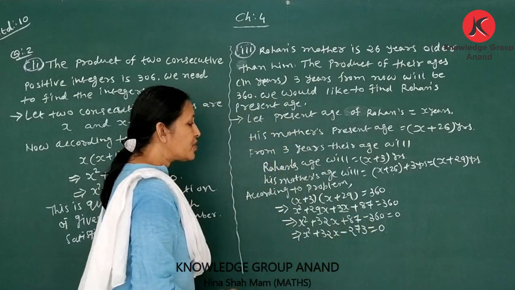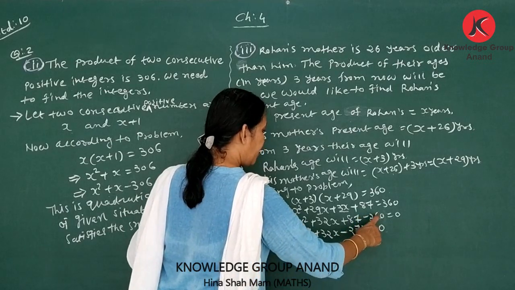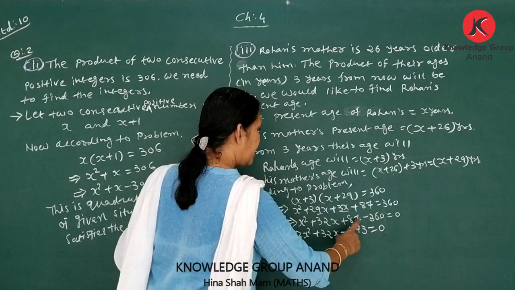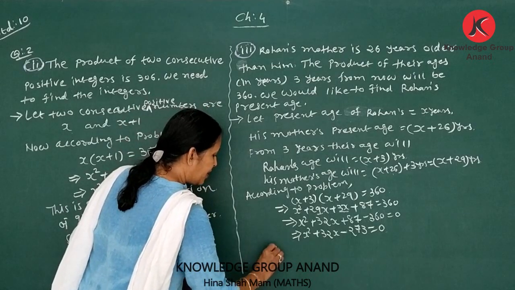Here it is 273, 10 minus 7, 3, 15 minus 8, 7 and 2, 273.